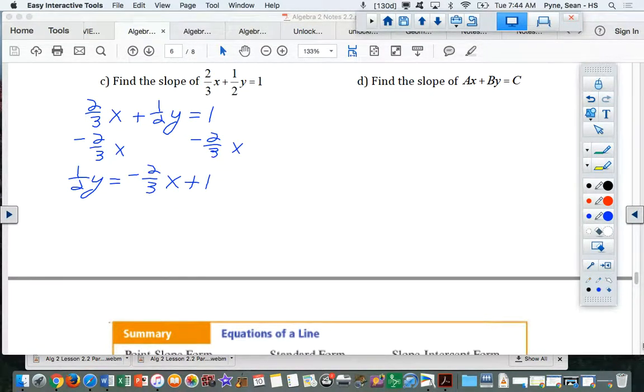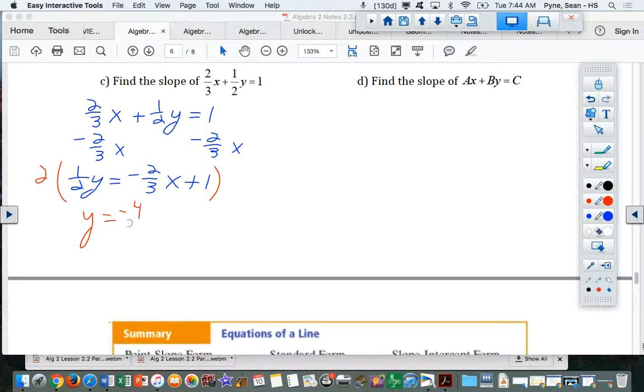What do you know I do when I have a fraction like that? Yeah, I multiply by the reciprocal. Because to me, that's easy. What's the reciprocal of 1/2? 2/1. So, again, dividing by 1/2 is not wrong. You can easily do that.